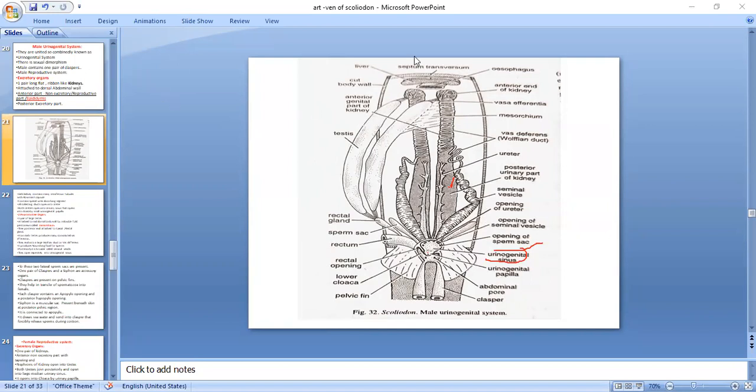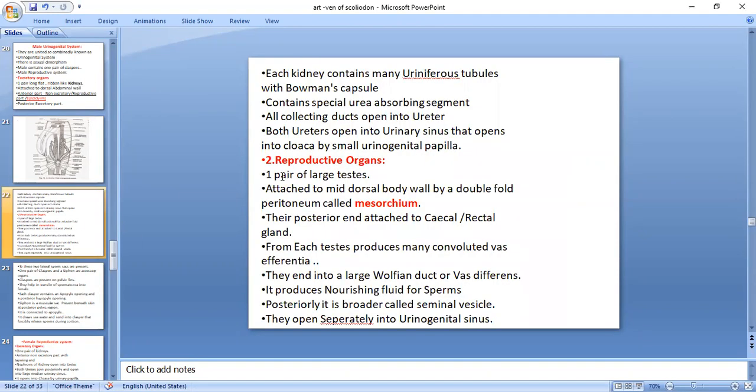And then, the reproductive organs. The reproductive organs include one pair of large testes, just like the kidneys. So one pair of large testes are present as part of the reproductive organs.